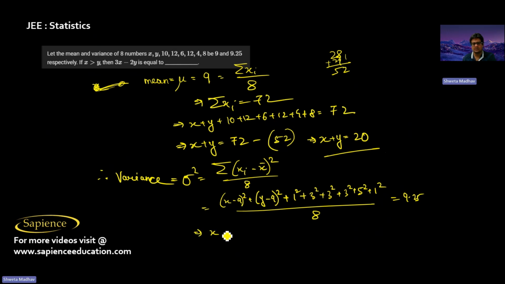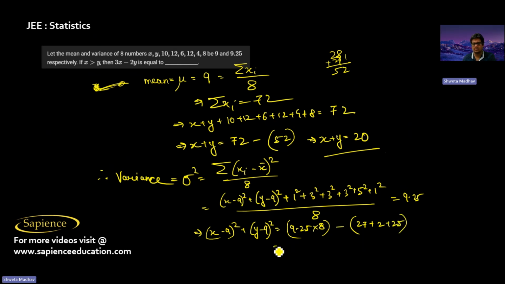Therefore, I can say x minus 9 whole square plus y minus 9 whole square will be equal to 9.25 into 8 minus, 3 squared is 9, 9 plus 9 is 27, 27 plus 1 plus 1 plus 25.